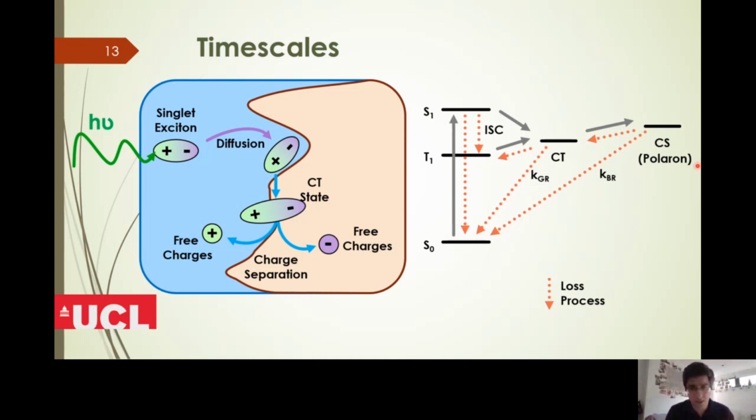The triplets can be formed through intersystem crossing of the singlet, and also the CT state can undergo intersystem crossing to create a triplet CT state that can then be transformed into this triplet state. We have to notice that this triplet state is also a loss pathway for OPV, so we have to have it in mind.